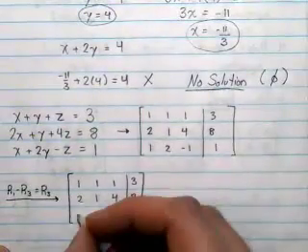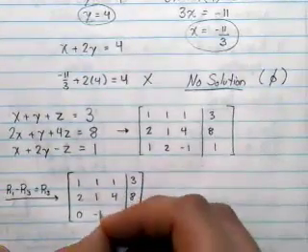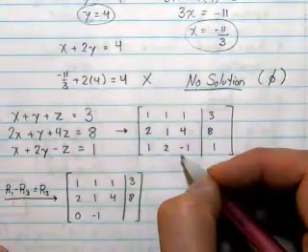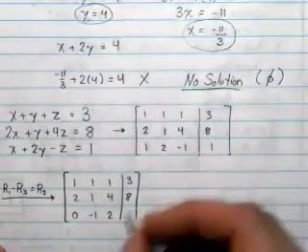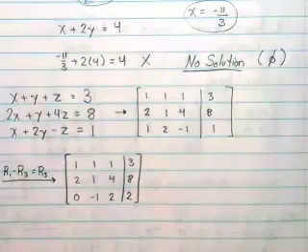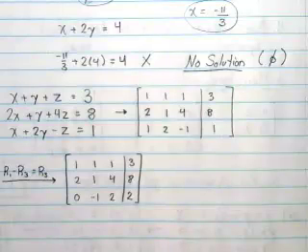Row 1 minus row 3, so that's 0. 1 minus 2, that's negative 1. 1 minus negative 1, that would be 2. And then 3 minus 1, 2. Okay. So we got our first little 0 in the corner there. Where do I want my next 0 to be? Above it. Okay, so somebody give me a row operation to make that happen then.